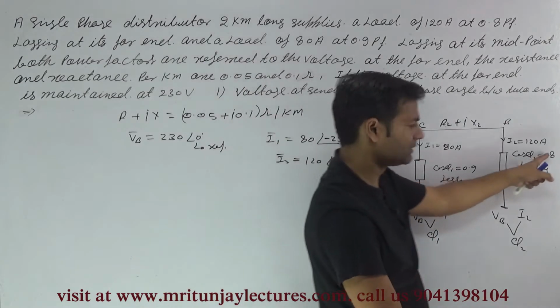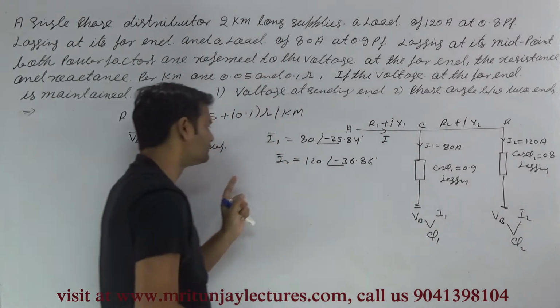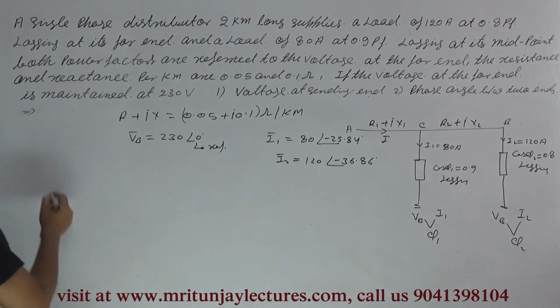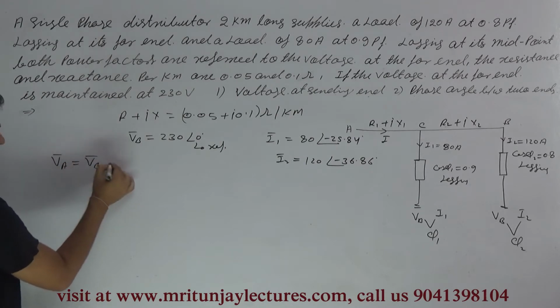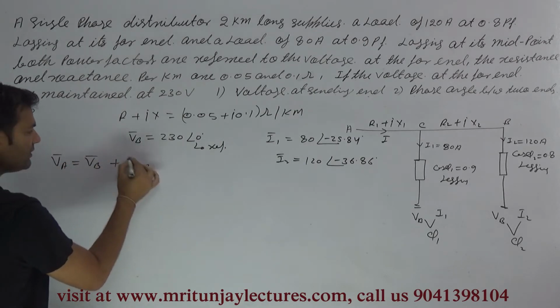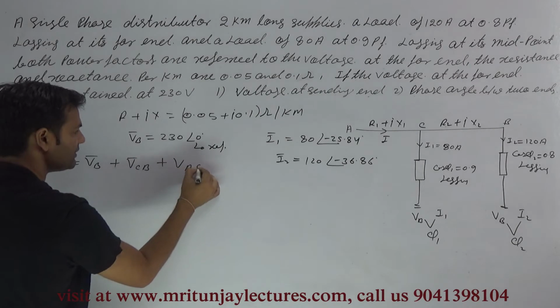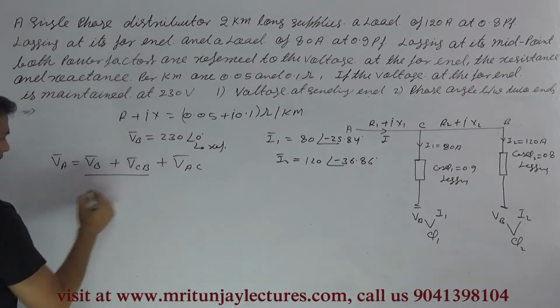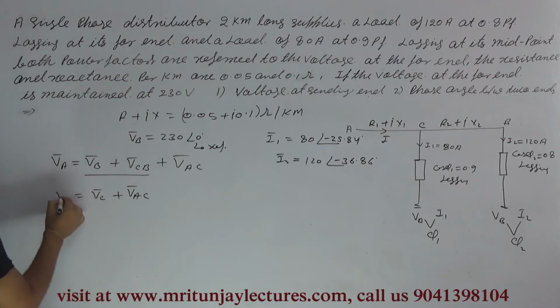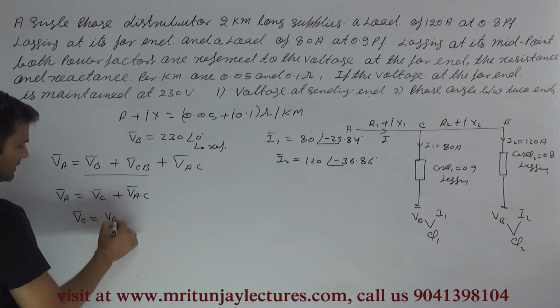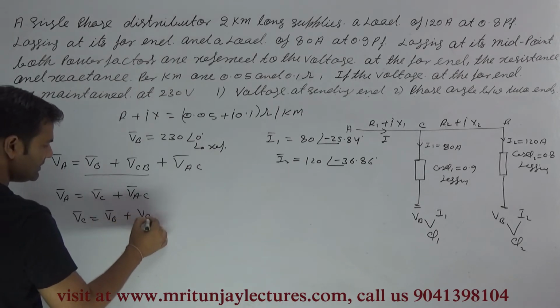Clear? Now VA is written as VB plus V of CB plus V of AC. This is also written as VC plus V of AC. So to determine VC, it is VB plus V of CB.